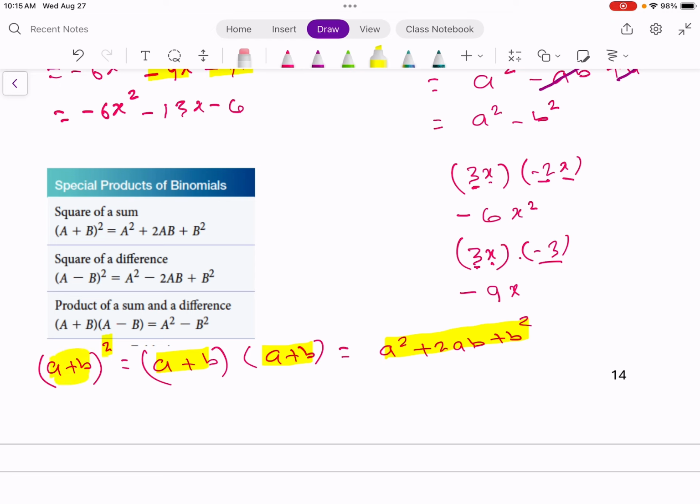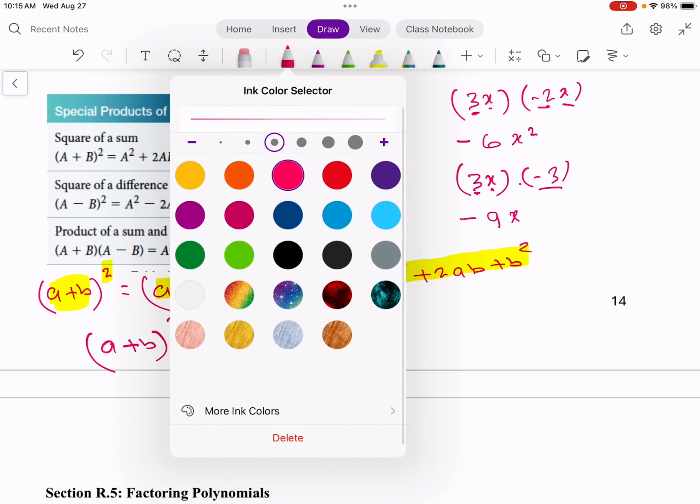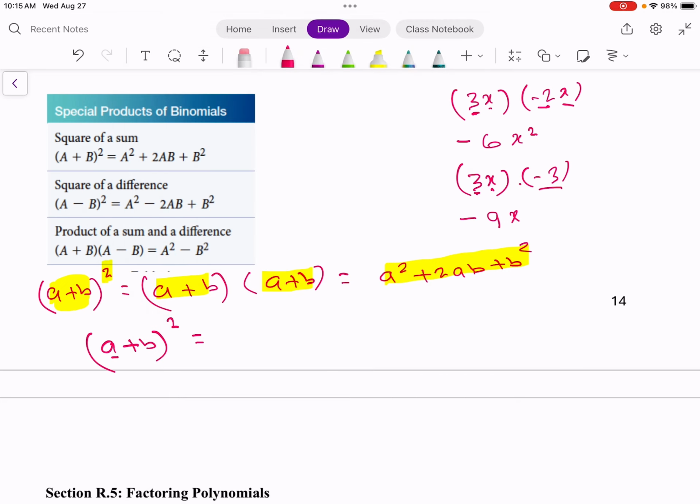And a square of a binomial, a plus b square, is equal to the sum of the squares of each term, so a square plus b square, plus 2 times these terms, 2 times ab. Okay, without using FOIL, we can use this rule to find the square of a binomial.